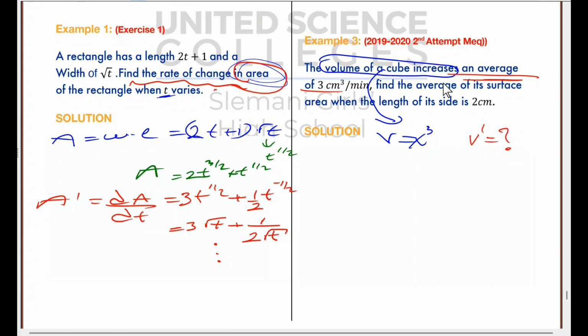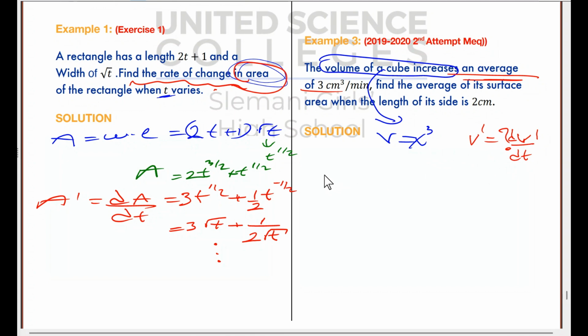With respect to what? We don't have t here, it is with respect to t and the variable. Let's say dv over dt. Our variable is x, so we will take the derivative of x with respect to t by writing it as x prime.